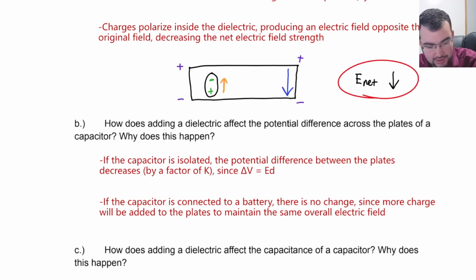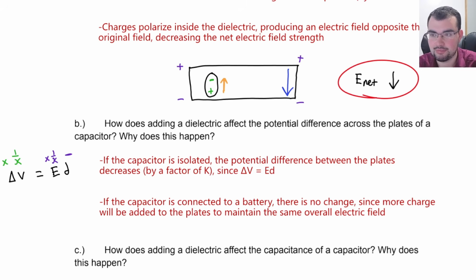So essentially what we have is that delta V is equal to ED, and our E field has been divided by kappa, and our distance stays the same. So as a result, our potential difference is also going to decrease by a factor of kappa.